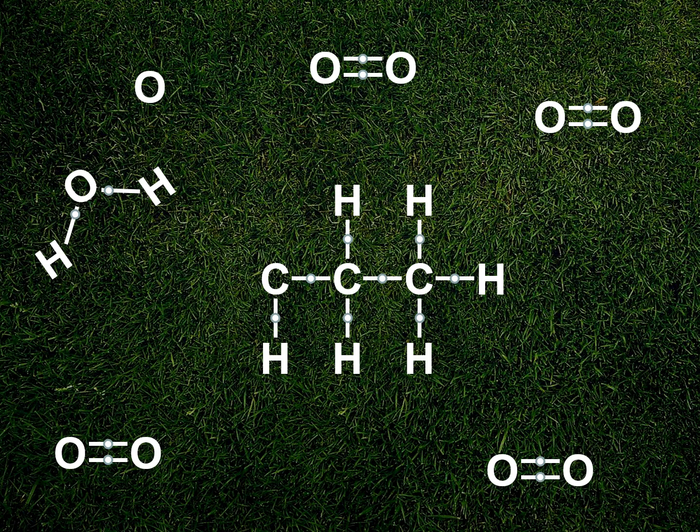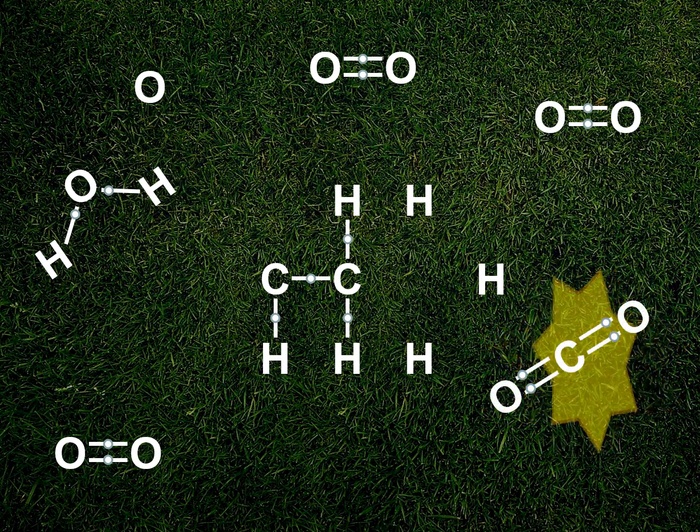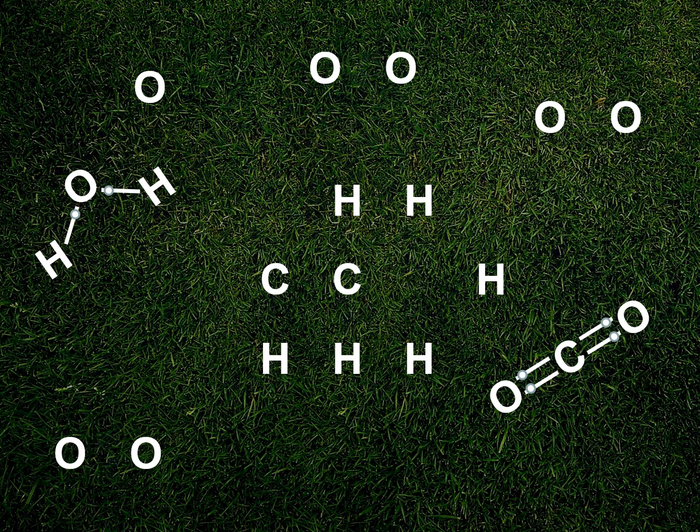So it didn't take much energy to break the original non-polar bonds, but the polar bonds that formed gave off more energy. And of course, the same thing is going to happen to produce carbon dioxide. And once again, the electrons move closer towards the oxygens, and that releases some energy as that occurs. And this is going to happen with all of those atoms.